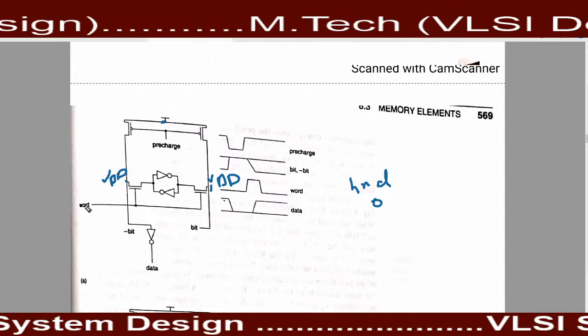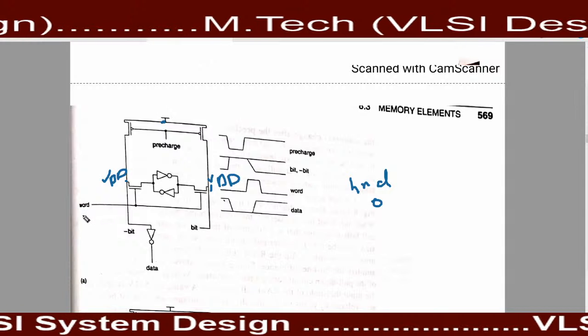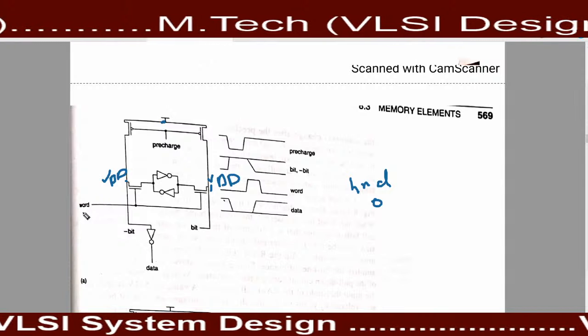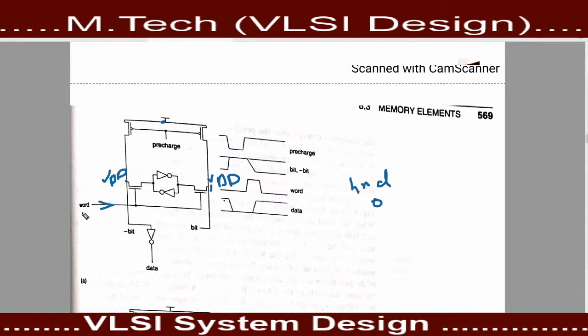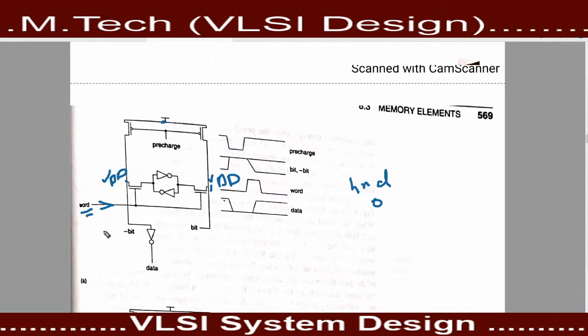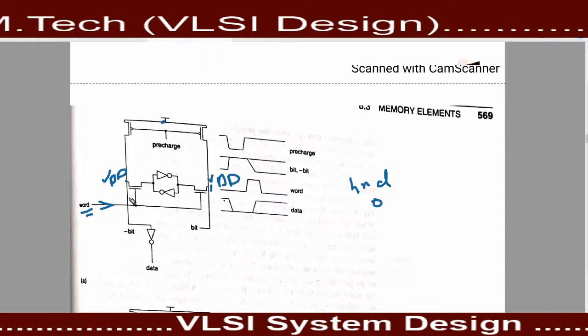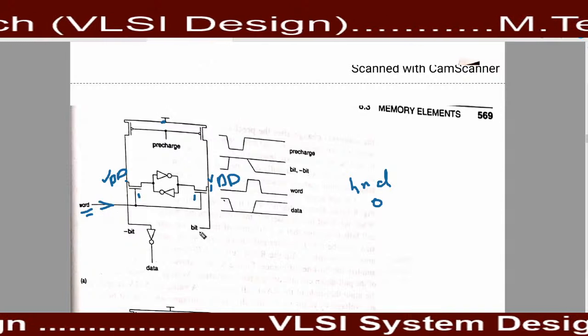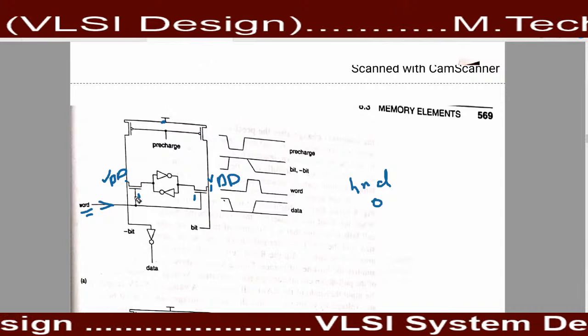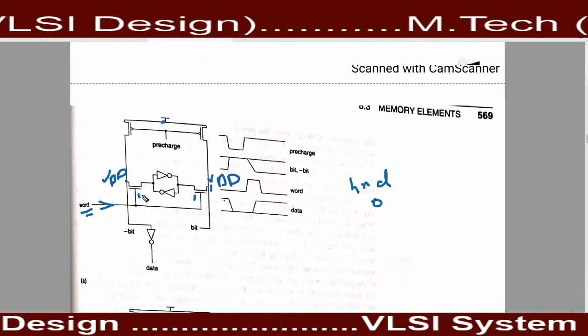So to read the data, we provide a read control signal here. And from where can we provide this read control signal? We can provide the read control signal from this word line. So when we provide the read bit, that means we provide 1 to the gate port of the transistor.